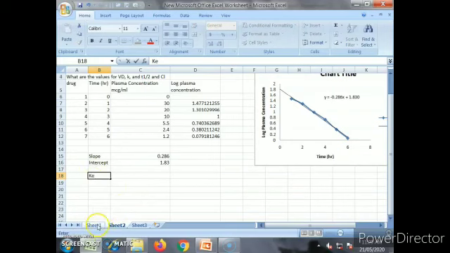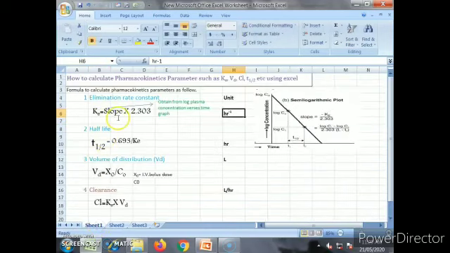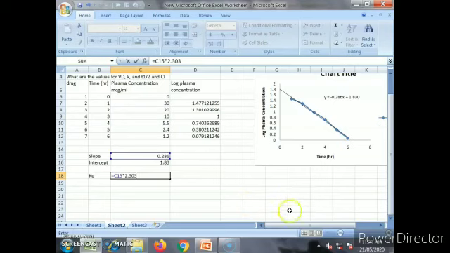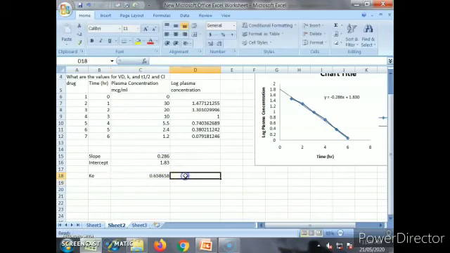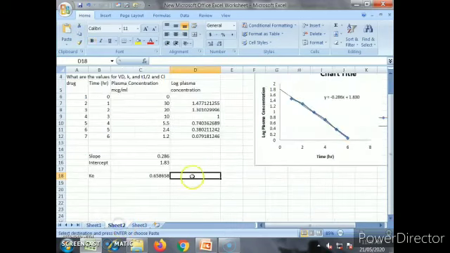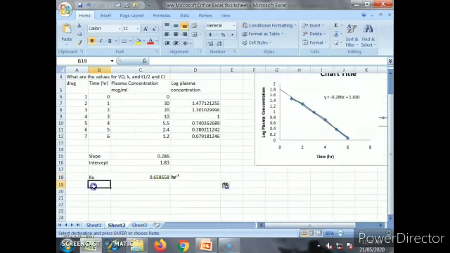Now we will remove the value k. The formula to remove k is k = slope × 2.303. So we use slope × 2.303, enter, and you will get this k value. The unit for k is per hour. Next we will remove the t half.